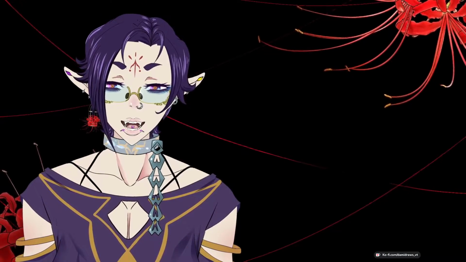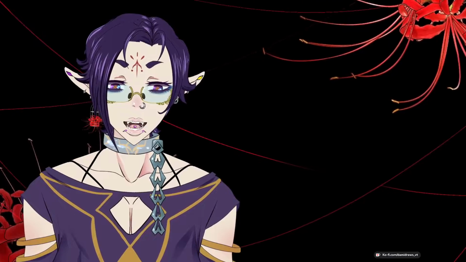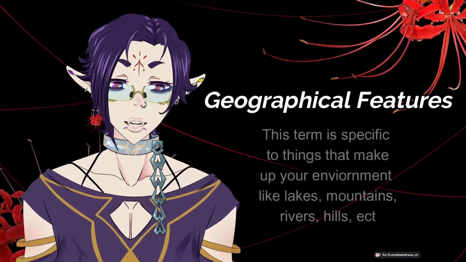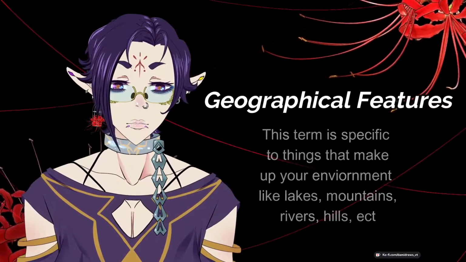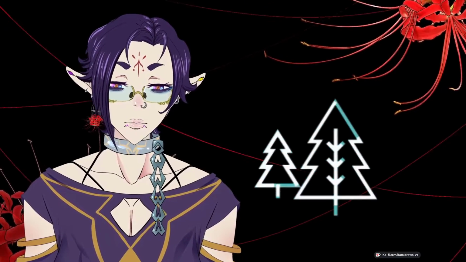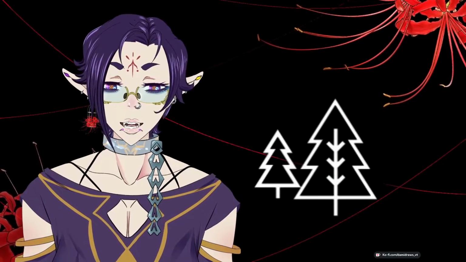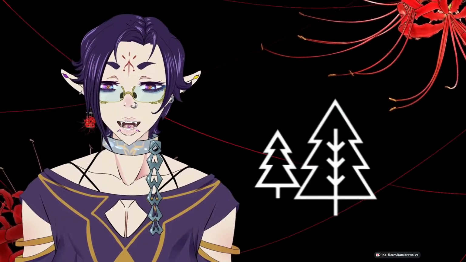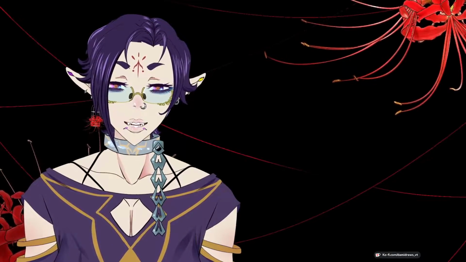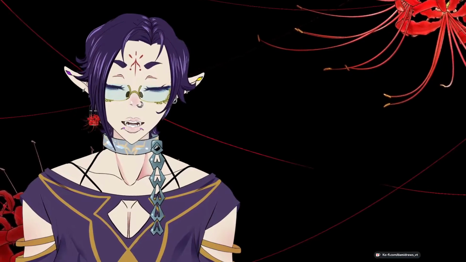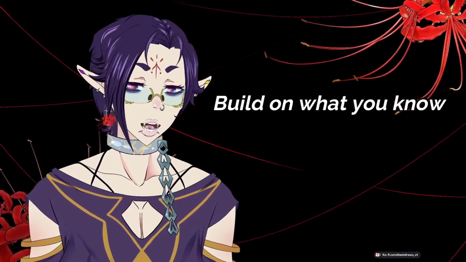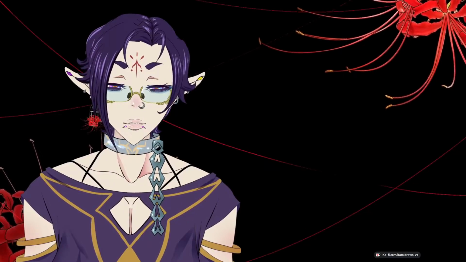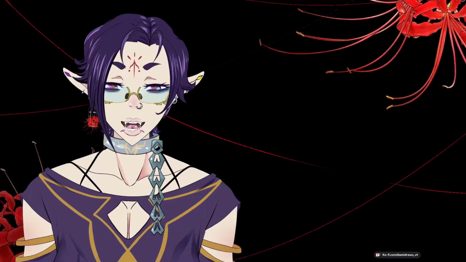And when I say elements that define your world, I mean geographical features. So, as an example, I'll use my Avaralistarian forests. I started with a concept that we all know, which is a forest, and I started building on that idea. What are some of the features that make this forest uniquely Avaralistarian, uniquely mine?